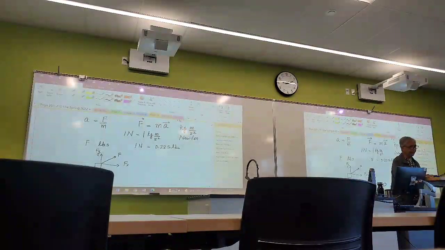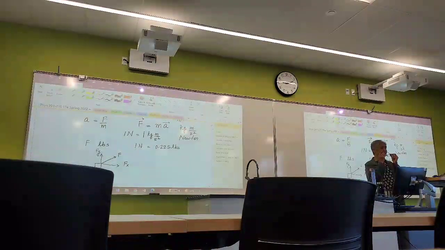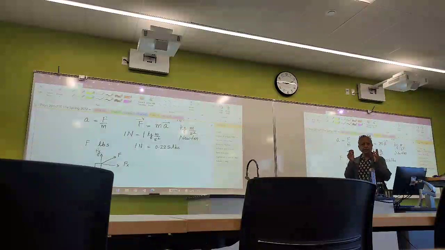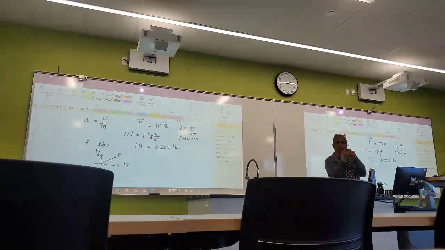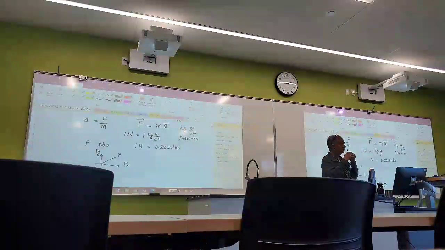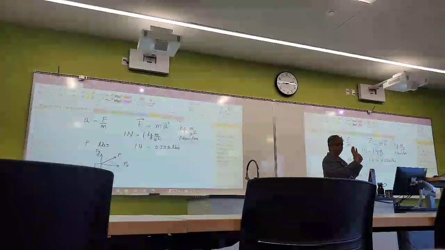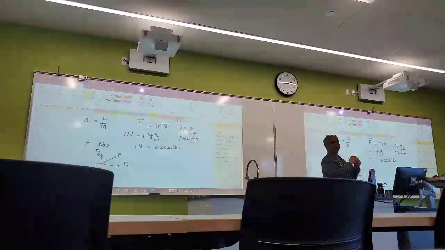So the force in the x direction will make the object go in what direction? The force is in the x direction, what direction will the object move? Horizontal, in the x direction, right? If the force is to the right, it will move to the right.